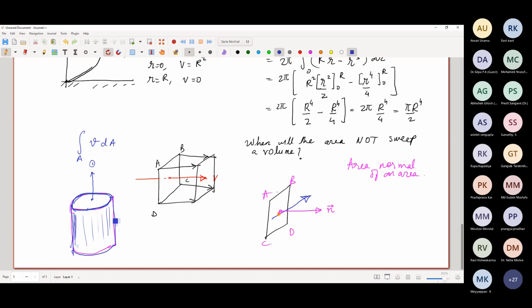Radially outward. It will always be radially outward. So if I draw the top view of this, it will be a circle. Everywhere the area normal will be radially outward. So it is changing with direction.